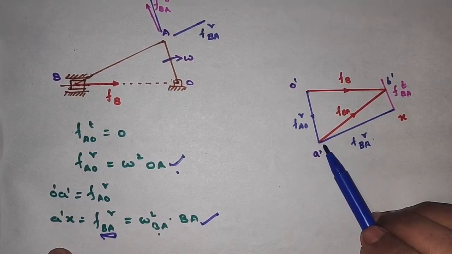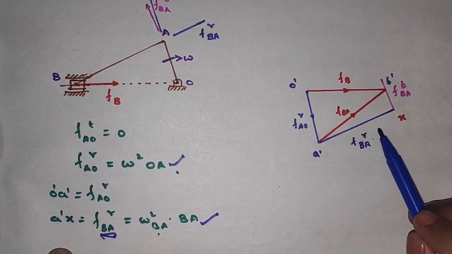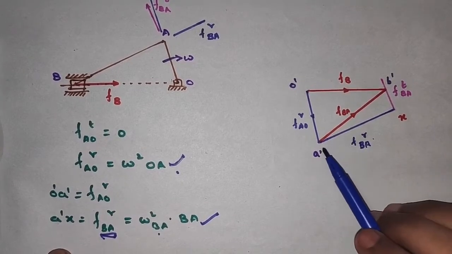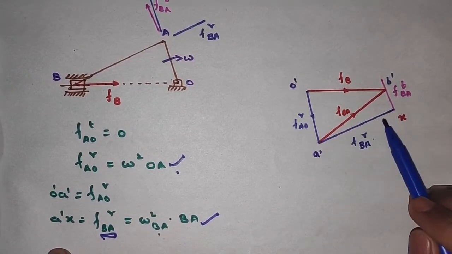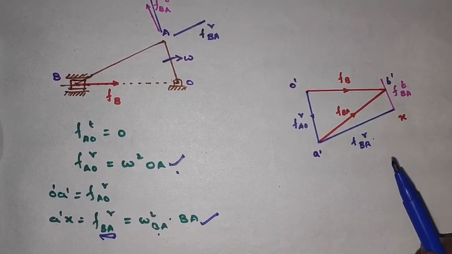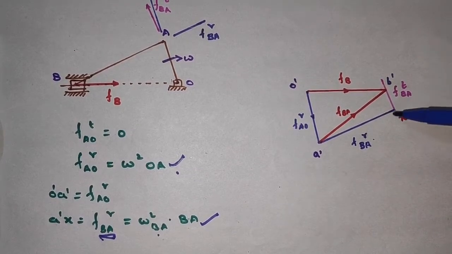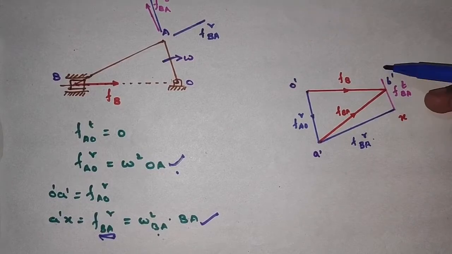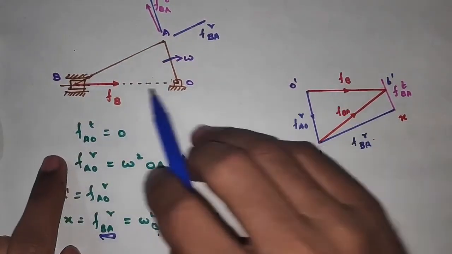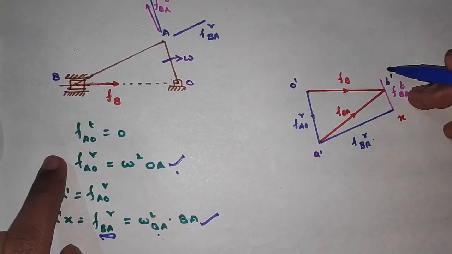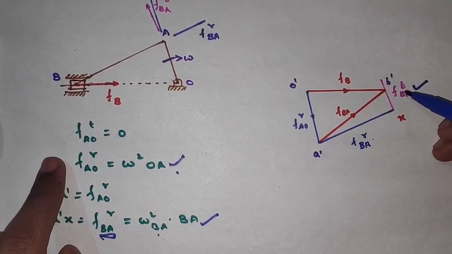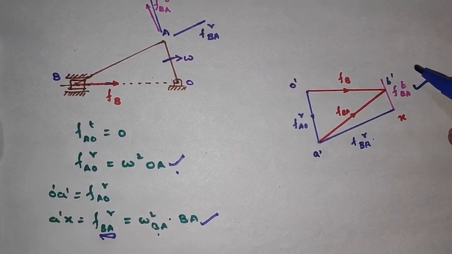So we get the direction of vector A dash X as well as the magnitude, and we draw this vector A dash X. But we do not know the magnitude of the tangential component of the acceleration of connecting rod AB. Only the direction is known. So from X, a line perpendicular to link AB is drawn. That represents the tangential component of the acceleration of the connecting rod AB.